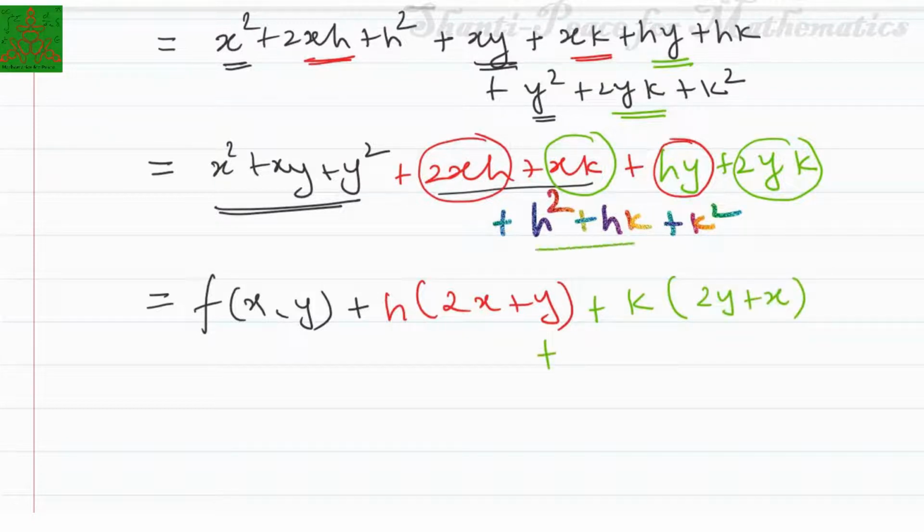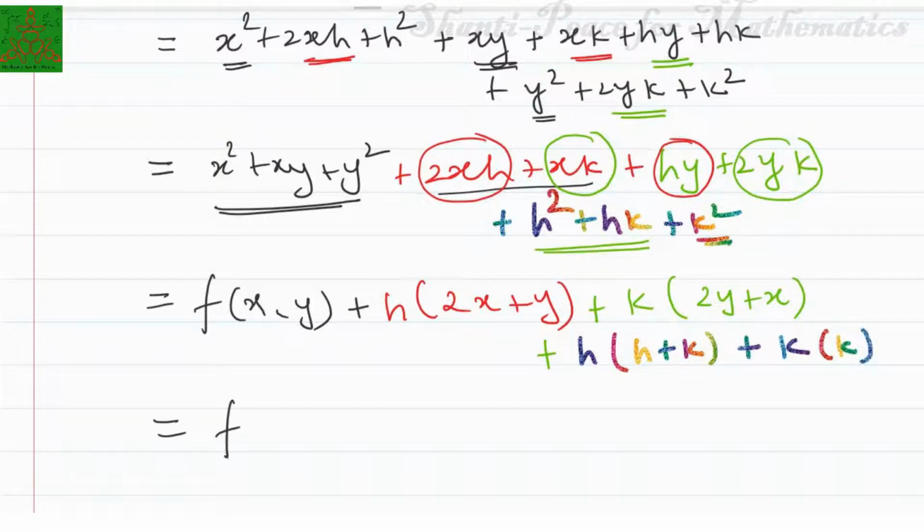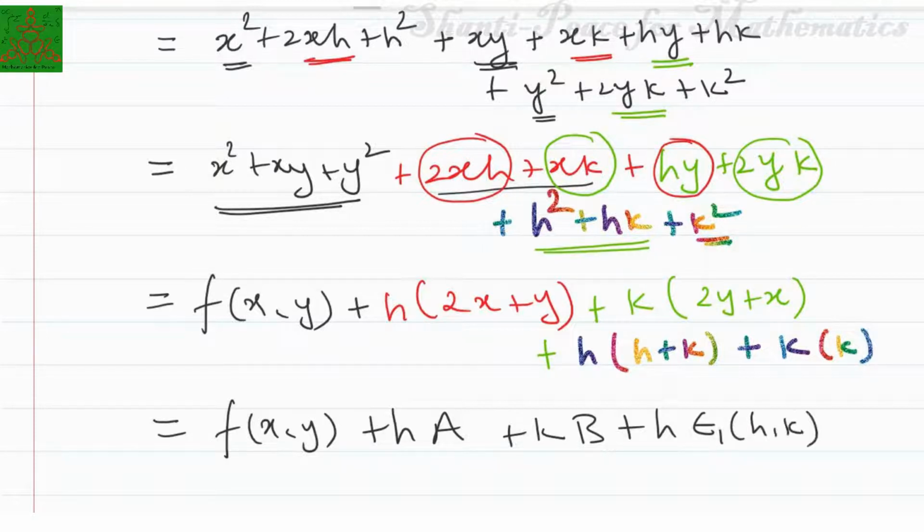Lastly, if I take h common from these two quantities, then it is h into (h plus k), and this I will write down as k into k. So what will we have here? I can write this as f of (x, y) plus h into a plus k into b plus h into epsilon 1 plus k into epsilon 2.